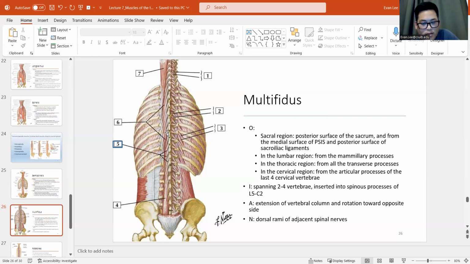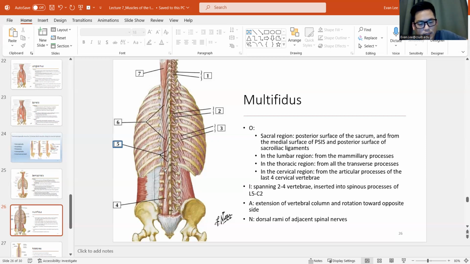Now, the main thing that's a little bit different about its regions is that depending on where you are, it'll attach to slightly different things along the vertebrae. For the lumbar vertebrae, there's a process called the mammillary process, which is part of the transverse process. That is where the multifidus attaches down here.